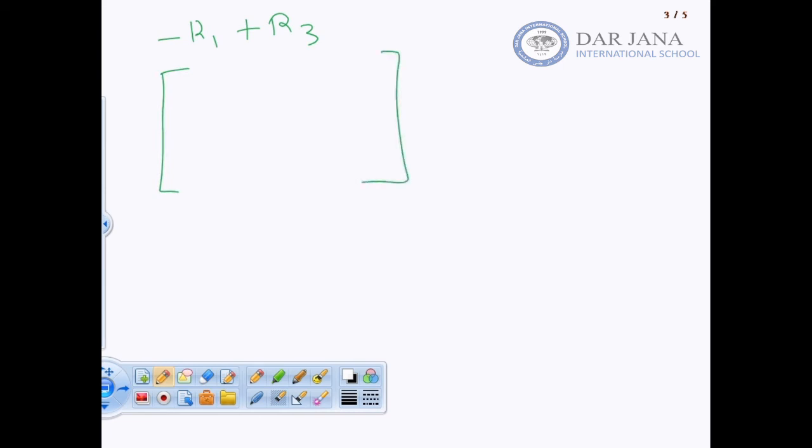R3 will change. That means R1 will remain as it is, R2 will remain as it is, while R3 will change. I'm going to write R3 as it is, and put the result of multiplying R1 by negative 1 above it with a different color.